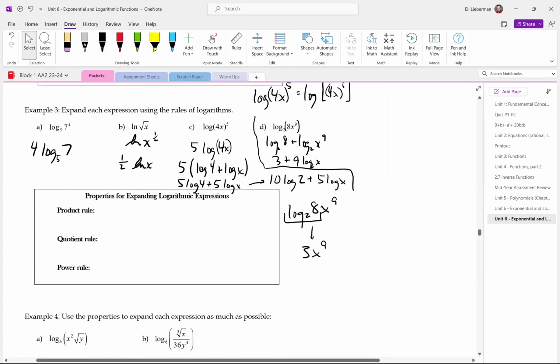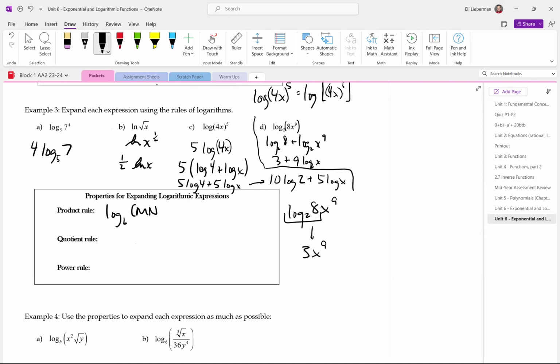Okay. So the 3 rules that you have to know. Log base b of m times n is equal to log base b of m plus log base b of n. Log base b of m over n is log base b of m minus log base b of n.